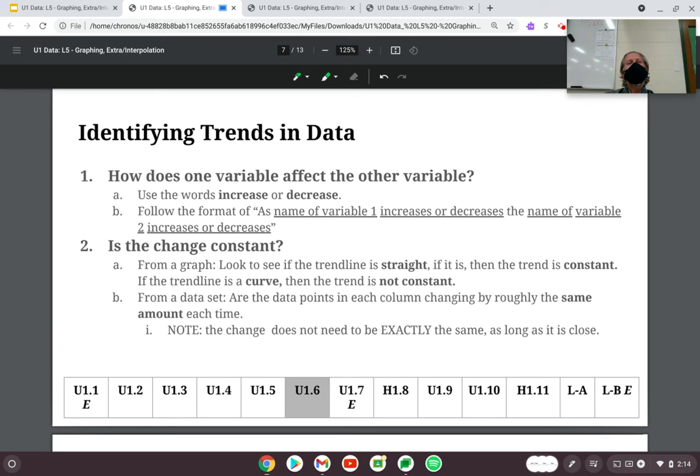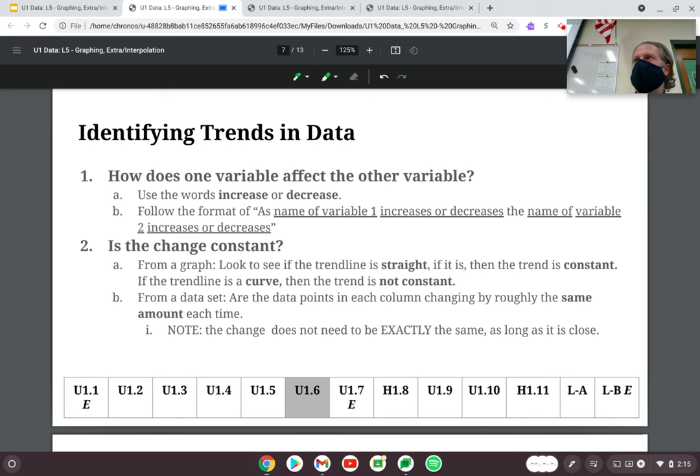And if there is a relationship present, you have to be able to articulate that to all. So if it looks like the data is increasing or decreasing as part of the trend, we want to present it that way. So we will be using the format: as name of variable 1 increases or decreases, name of variable 2 will increase or decrease.